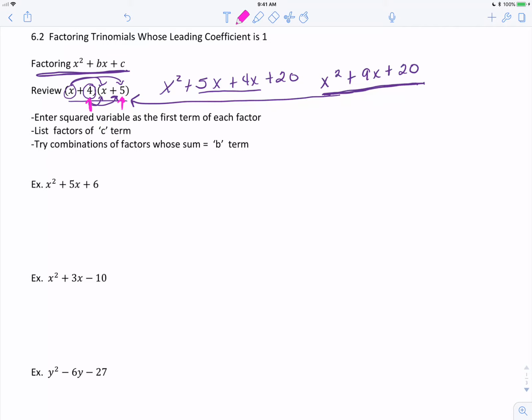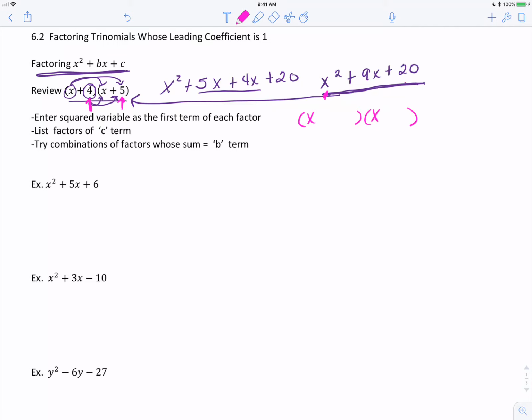Remember, we want things to be in product form when we are factoring. So we're creating these binomials and putting this term, but not squared, in the front.